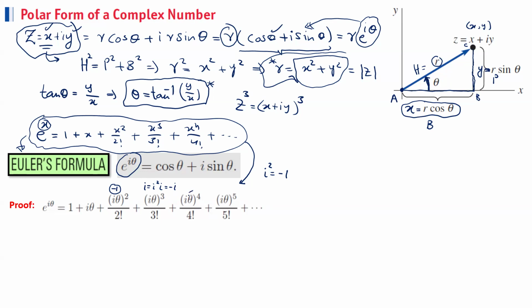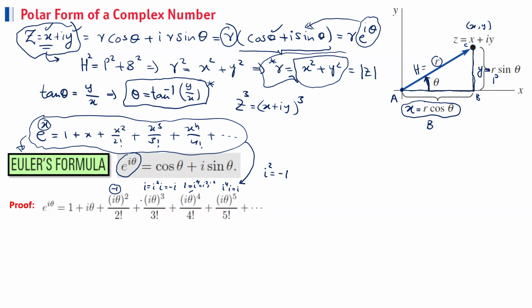Now here I have iota to the power 4, and iota to the power 4 can be written as iota squared into iota squared. One iota squared is -1, the other iota squared is also -1, so it will bring just 1. So this iota will disappear without causing any effect. Similarly, this i to the power 5 can be written as i to the 4 into i, and now i to the 4 is equal to 1, so this is equal to i, and so on.